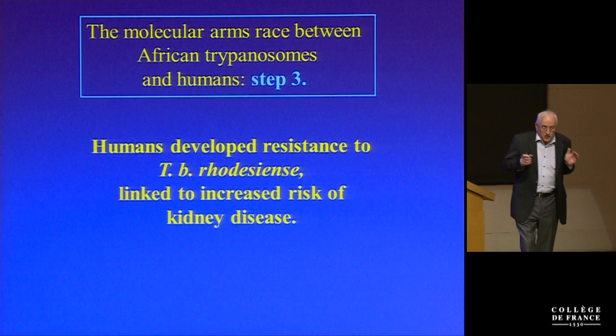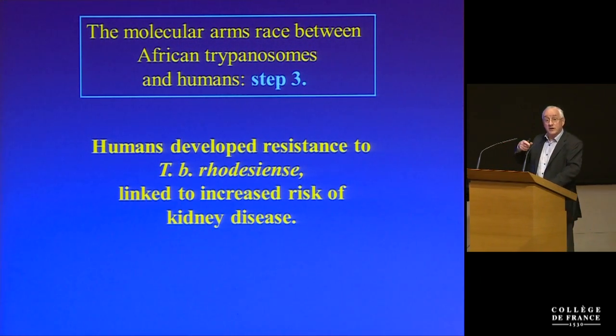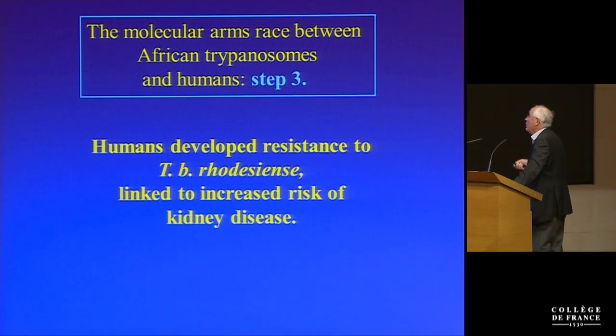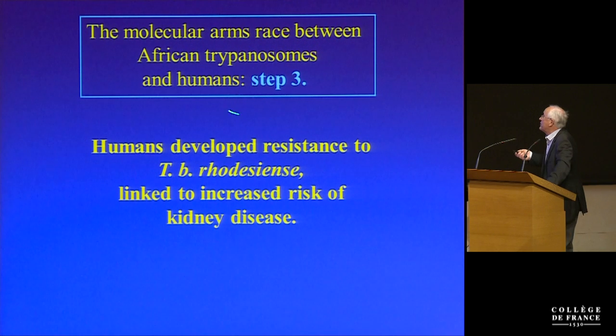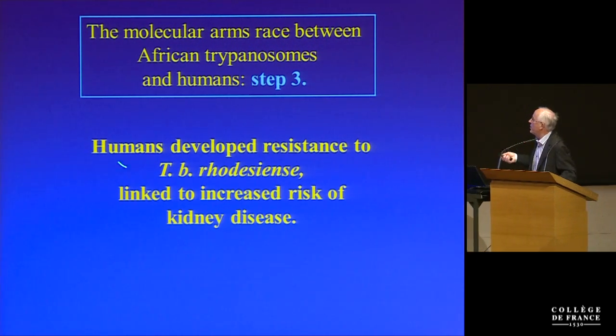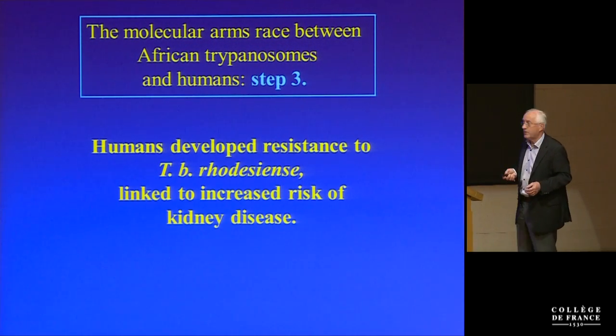You may think that this was the end of the story, but amazingly we found that it was not, because when working on the system, we discovered that there was a step 3, which is the fact that despite the mechanism developed by TB rhodesiense, humans took over in the field.